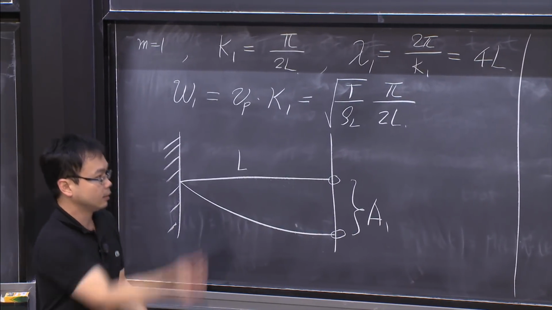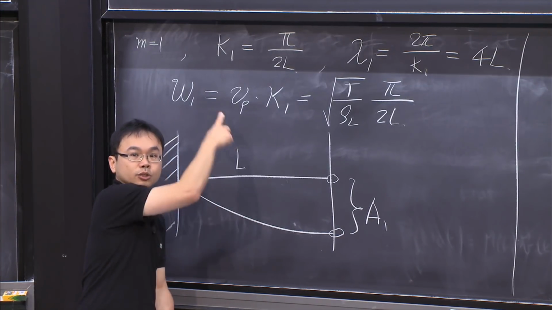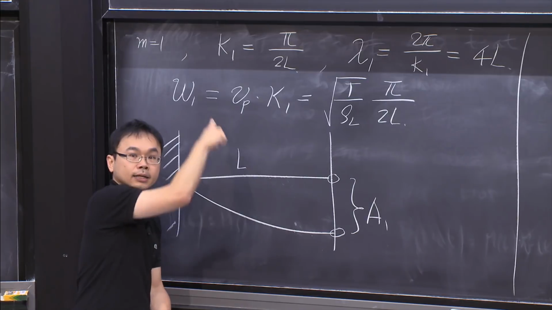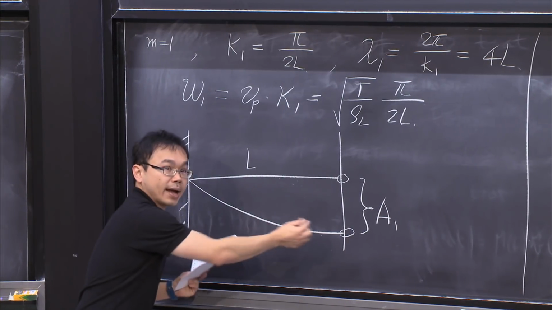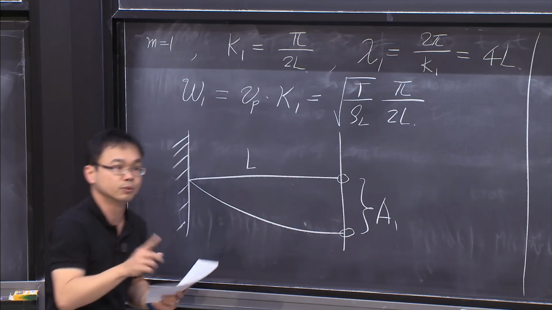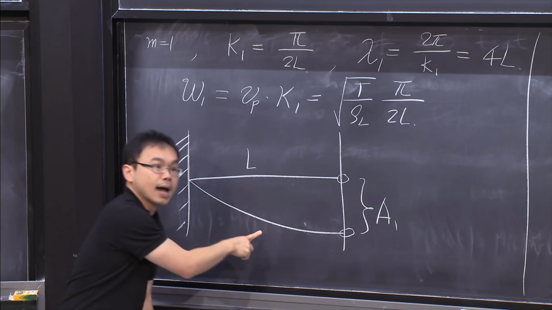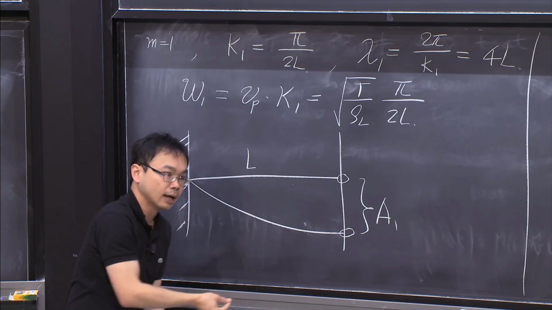If you focus on one of the points here, it's going to be going up and down harmonically. Very important, there's no back and forth movement. Everything is only moving up and down, if you focus on only one of the particles in this string.